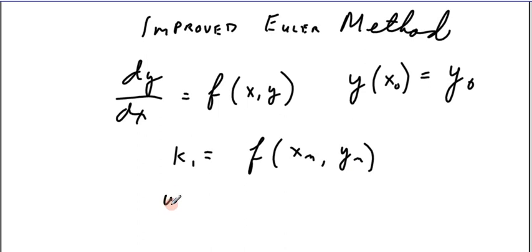We're going to look at some intermediate solution, u n plus 1, equal to yn plus whatever the step is, we'll call it h times k1.